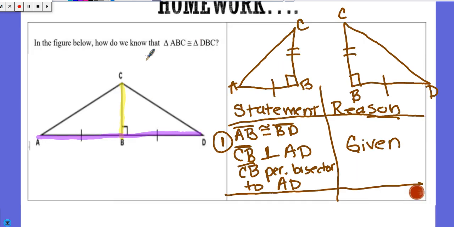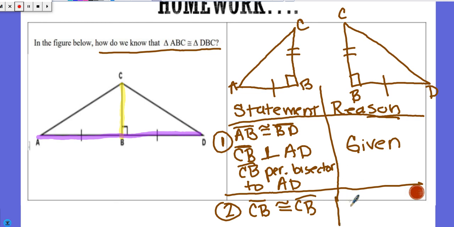Now the next part, because I still need to know how do I know these two triangles are congruent. My next statement is I marked CB. It didn't have a mark on CB. I marked it. So since they share CB, we're going to say CB is congruent to line segment CB, and it's congruent by what we call the reflexive property of congruence.